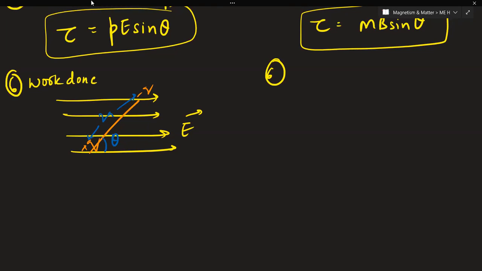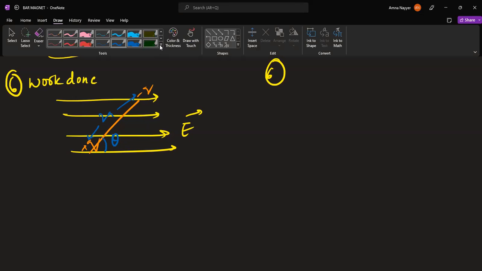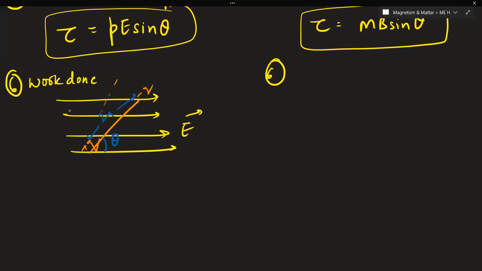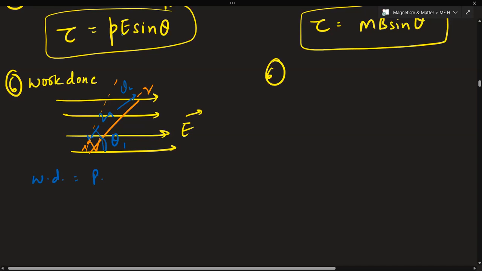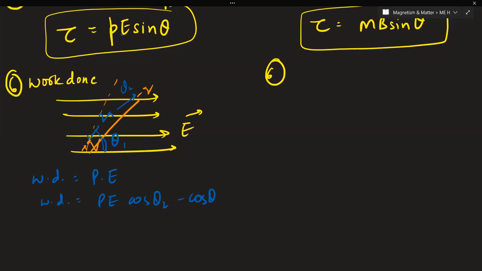This is theta 1. It will change its angle, and that will become some different angle, theta 2. So here work done, remember it was what? P dot E, or work done was written as PE cos theta 1 minus cos theta 2.